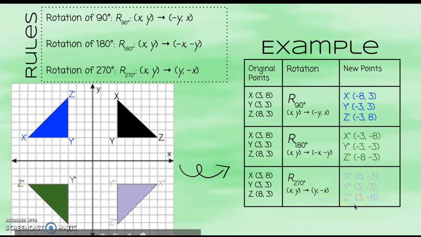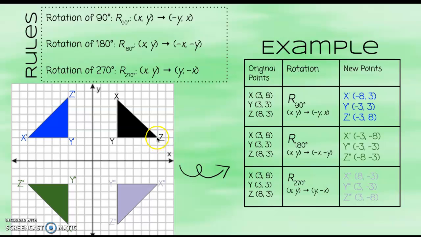So just follow the rules. All right, they are here for your reference. They are in this slideshow. Follow the rules. Something else that I saw that is referenced briefly on the Edpuzzle that you're assigned is to pay attention to how far your point is from the axis. So here's my x-axis.